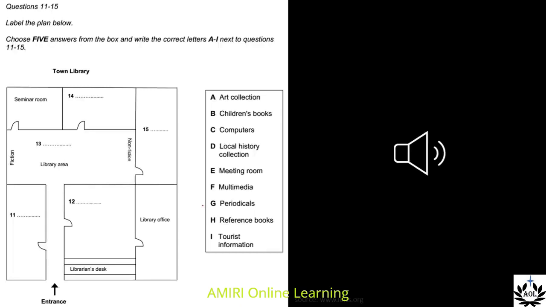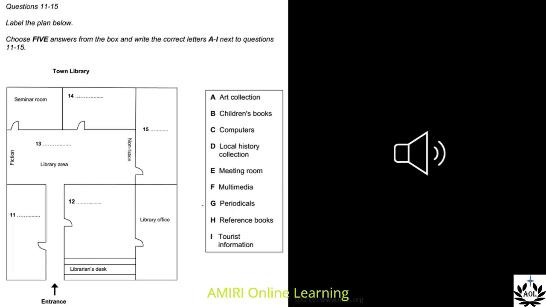Just beyond the librarian's desk on the right is a room where we have up-to-date periodicals such as newspapers and magazines. And this room also has a photocopier, in case you want to copy any of the articles.